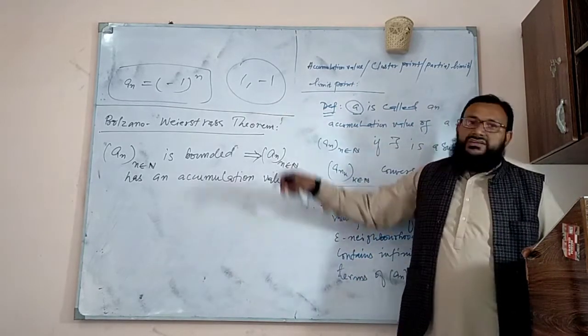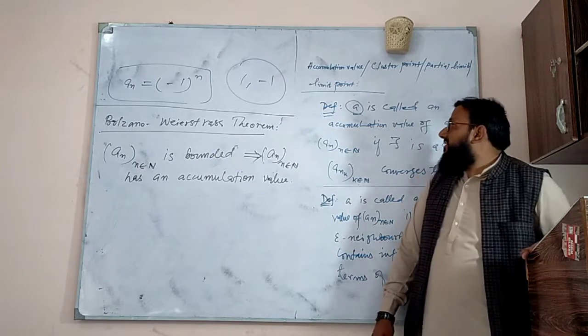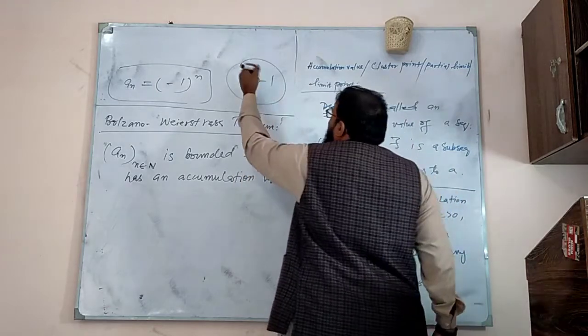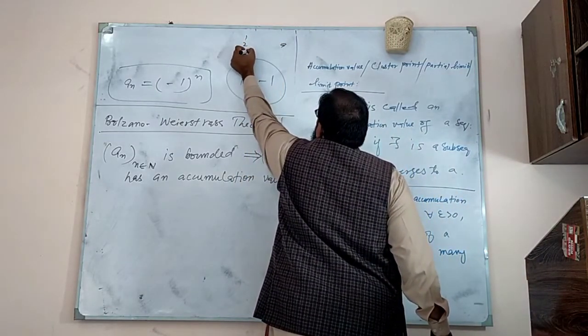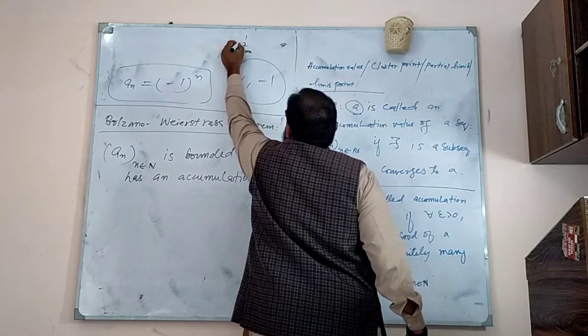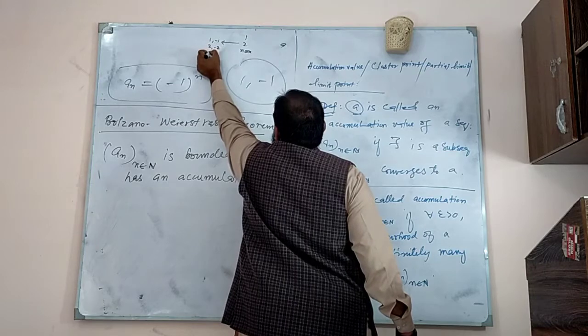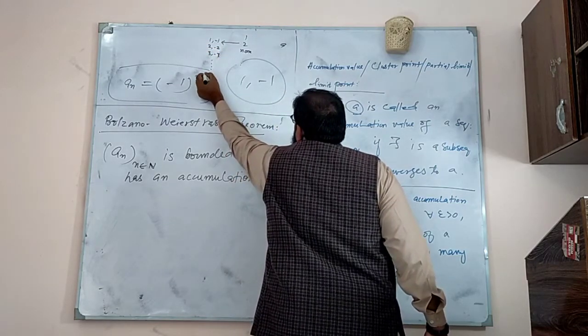A sequence might have two accumulation values, or a sequence might have no accumulation values. But mainly these are the most common examples: either 1 or 2 or none. And two can be mostly 1 and minus 1, 2 and minus 2, 3 and minus 3, up to plus infinity and minus infinity.